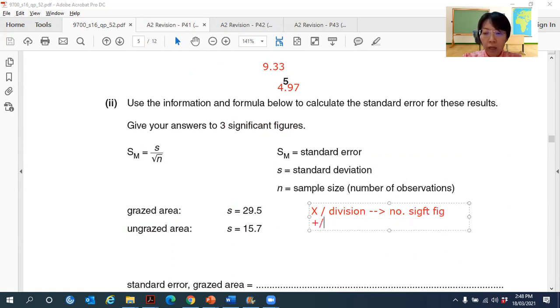If your calculation only involves plus or minus, then your final calculated value must follow the number of decimal places of your data. Follow the data with the least number of decimal places. So it all depends whether you have done multiplication and division, or plus or minus, then which format to follow for your number of significant figures or decimal places.